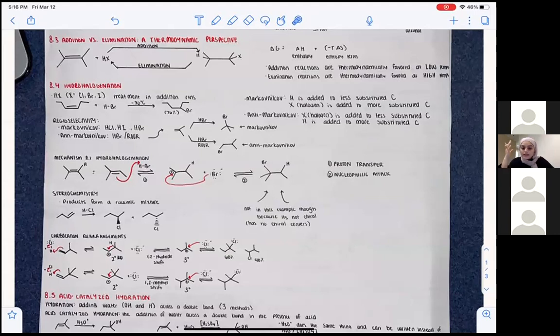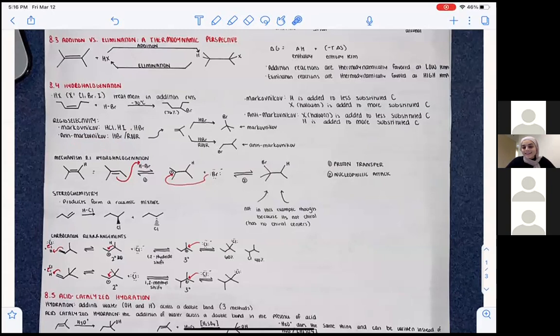Usually if it is anti-Markovnikov, it's because the molecule is too bulky to be put towards a lot of other things, or that could be one reason. So just keep in mind that Markovnikov would be for HCl, HI, HBr, and then anti-Markovnikov can be found when you have HBr and ROOR.